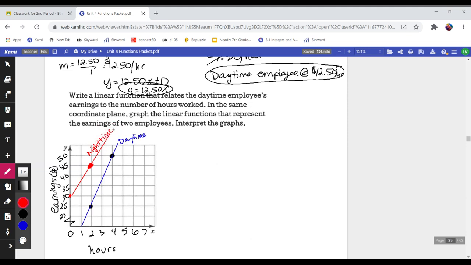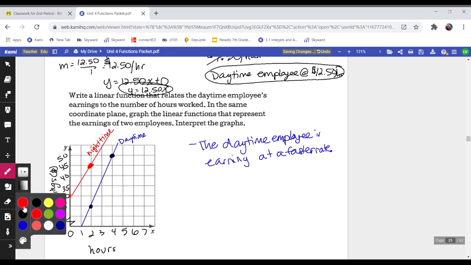When I interpret the graphs, that means we're going to explain what we're seeing. I'm saying the daytime employee is earning at a faster rate. I know that the daytime employee is earning at a faster rate because this line is steeper.